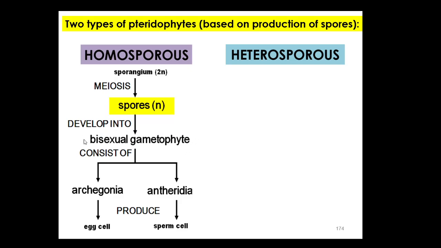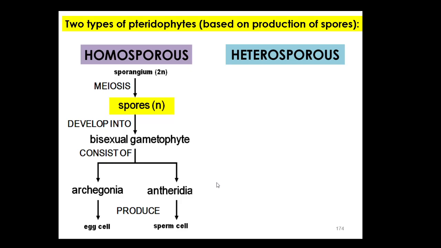Maksudnya, satu jenis gametophyte itu dia boleh menghasilkan archegonia and antheridia. That bisexual gametophyte from a homosporous pteridophyte will consist of archegonia and antheridia. It has both sexes. The archegonia will produce egg cell. The antheridia will produce sperm cell.